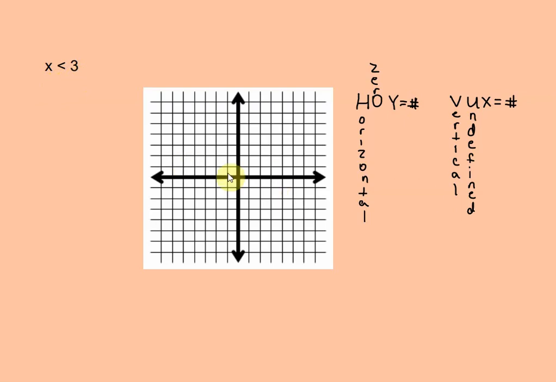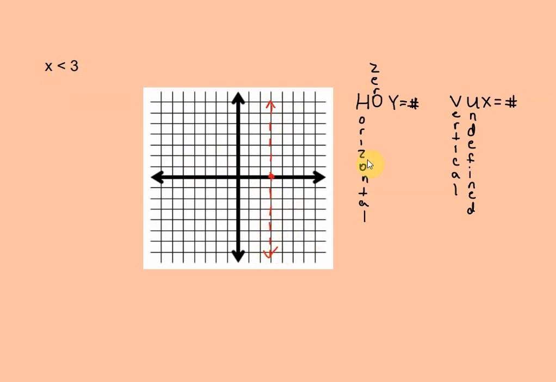I'm going to go over to my x-axis and put a dot on 3, and then draw a vertical line. Now we need to see what type of line we're going to draw because this is an inequality. Since we just have less than, not less than or equal to, we're going to put a dashed line. So we have a dashed vertical line going through x at 3.